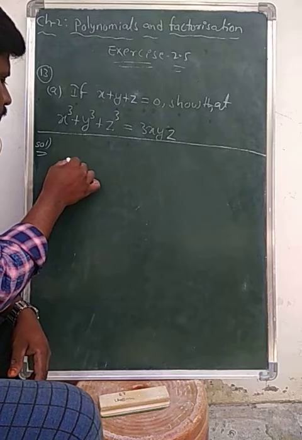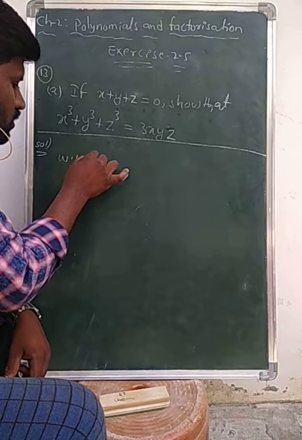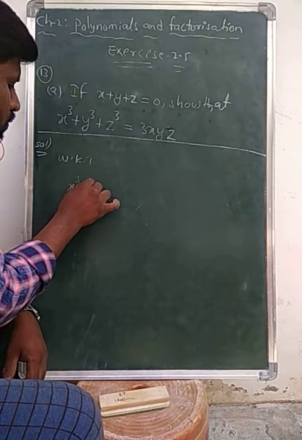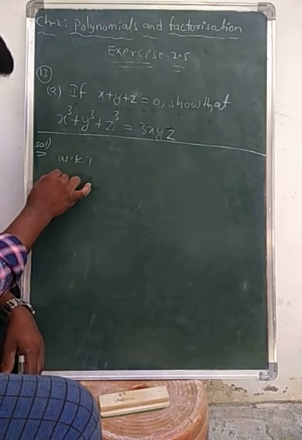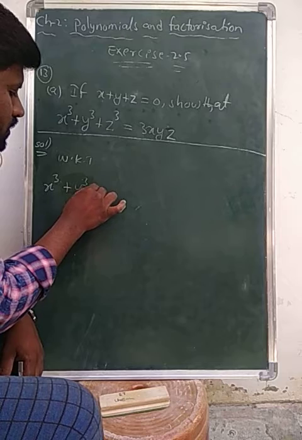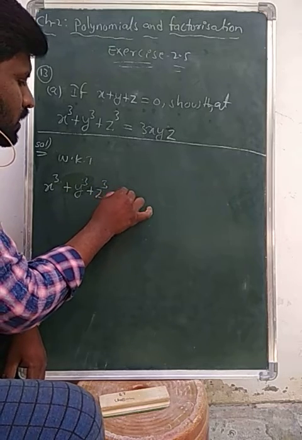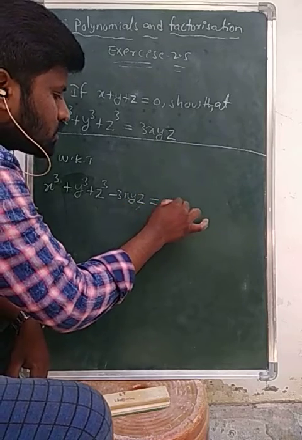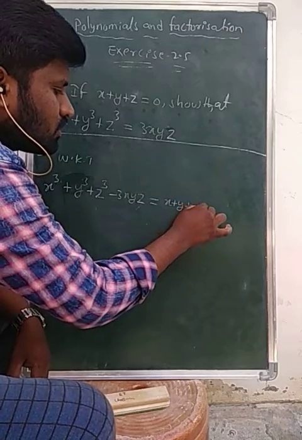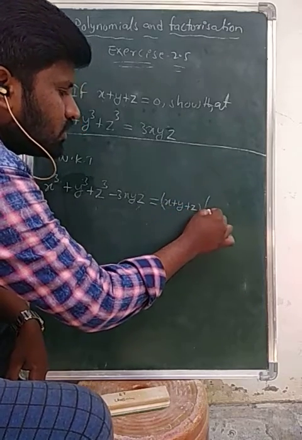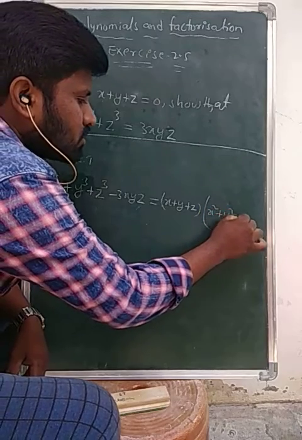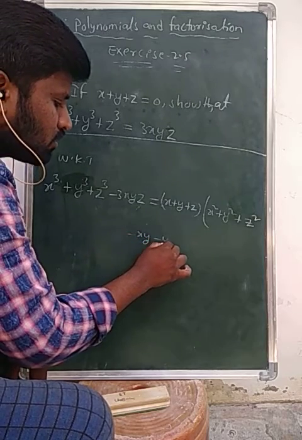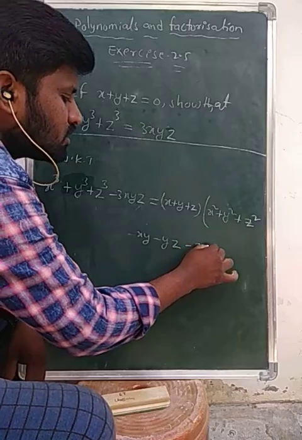We know that x cube plus y cube plus z cube minus 3xyz is equal to x plus y plus z into x square plus y square plus z square minus xy minus yz minus zx.